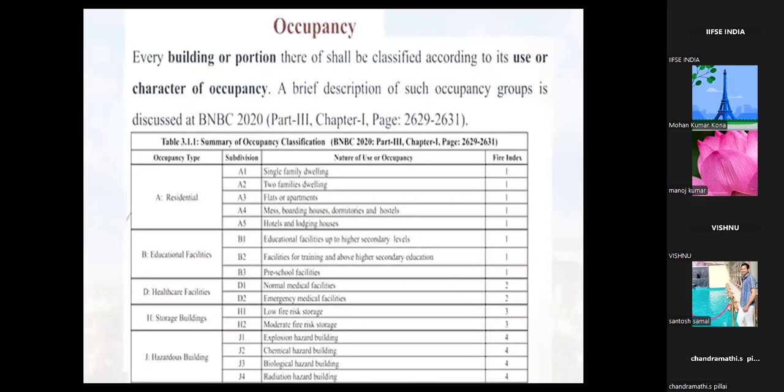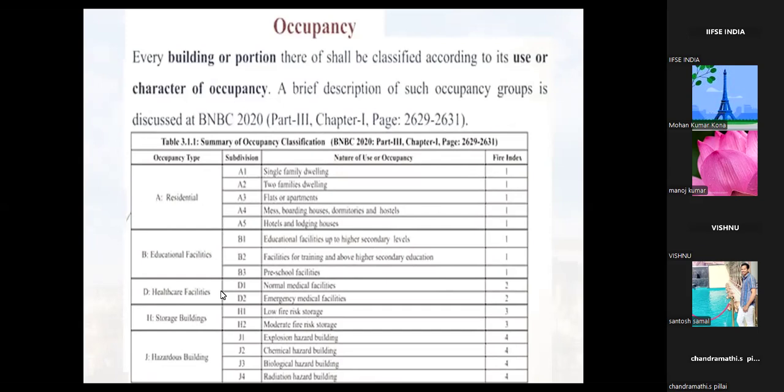Now class A, if you see, is residential. In this, if single family, then it is subdivided into A1 to A5, hotels and lodges, lodging houses. All these have the fire index of 1.